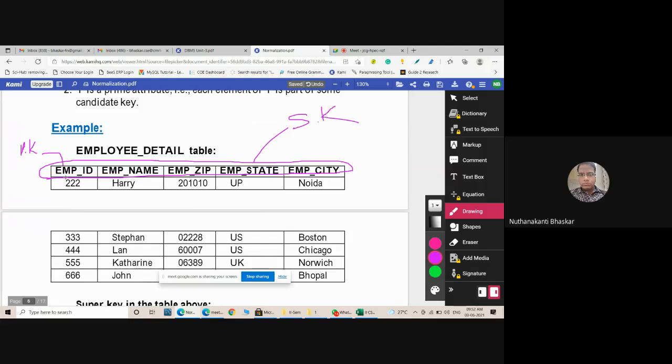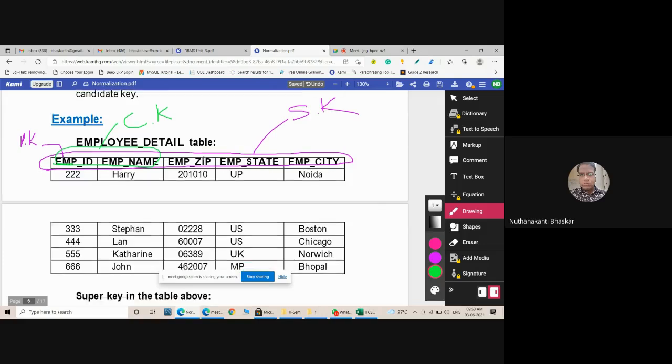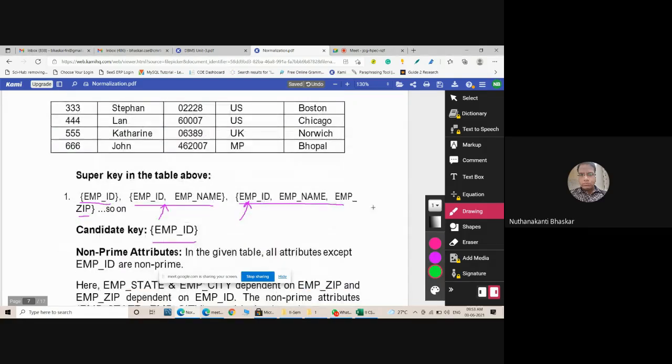If you take only part of the attributes, for example employee ID, employee name, that is a candidate key. Yes or no? As per our observation, all attributes involved make a super key.